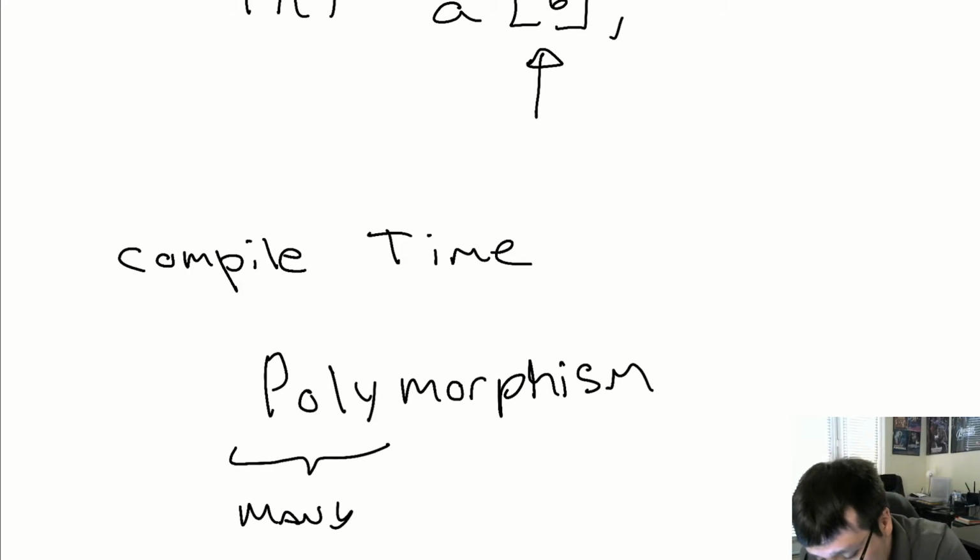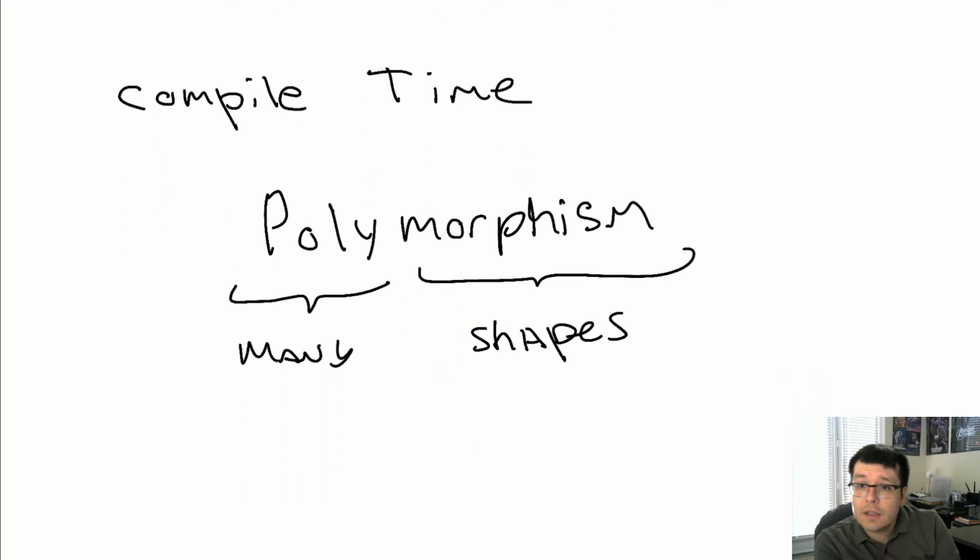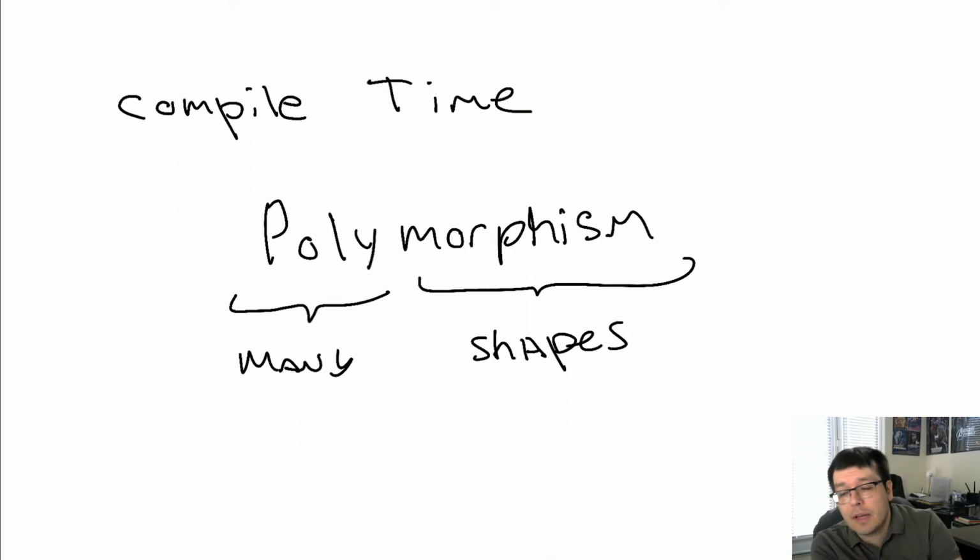Poly is many, and I believe morph is shapes or faces, one of the two. It's like Latin or Greek, one of those things. Okay? So that's what polymorphism is. And you'll hear this word throughout the semester applied to different things that I teach you. Okay? So this is compile time.